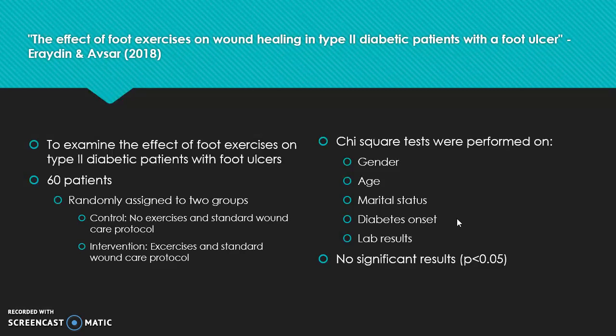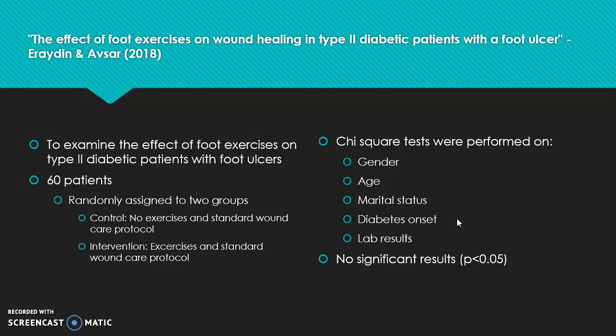So chi-square tests were performed on gender, age, marital status, diabetes onset, and lab results in relation to the foot ulcers. So they performed all 5 of these chi-square tests.